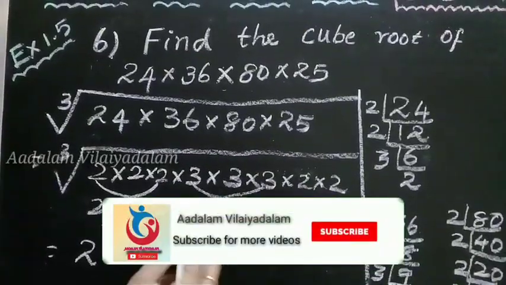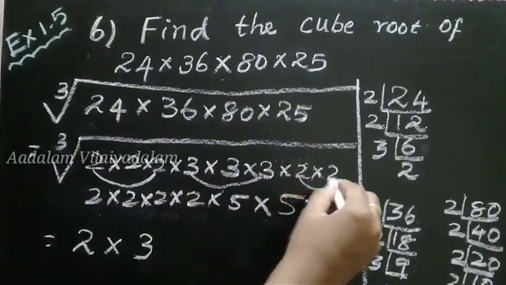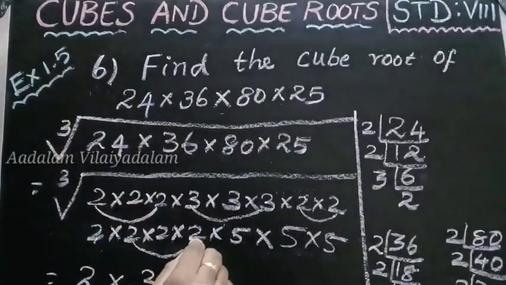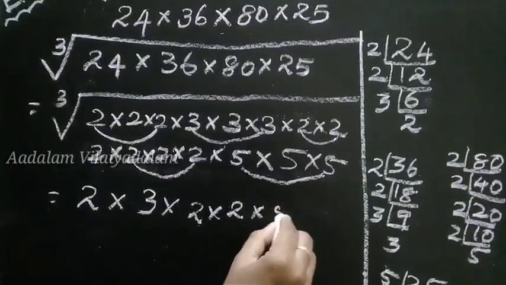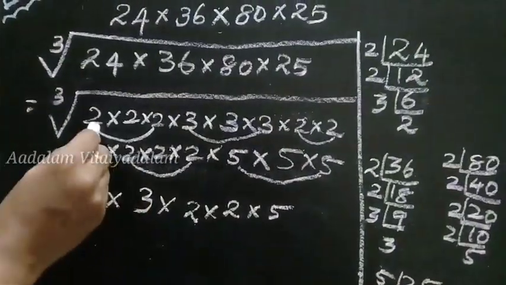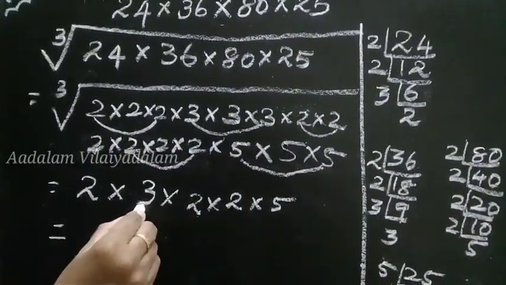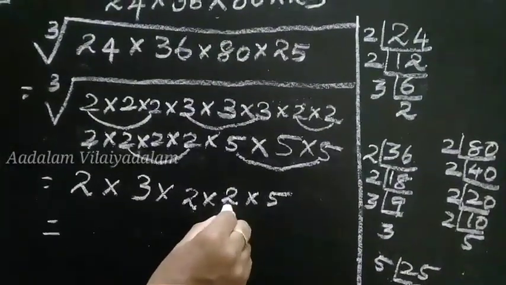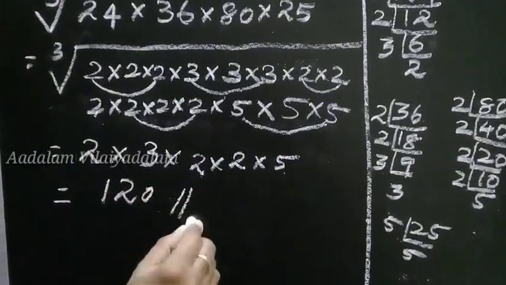Another triplet of 3s, take 1 3. Again 2 into 2 into 2, take 1 2. Here also 1 2, and 1 5. So cube root means choose one number from each triplet. So the answer is 2 3s are 6, 6 2s are 12, 12 2s are 24, 24 5s are 120. So the cube root value is 120.